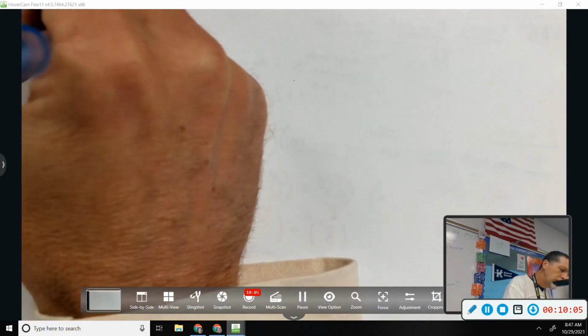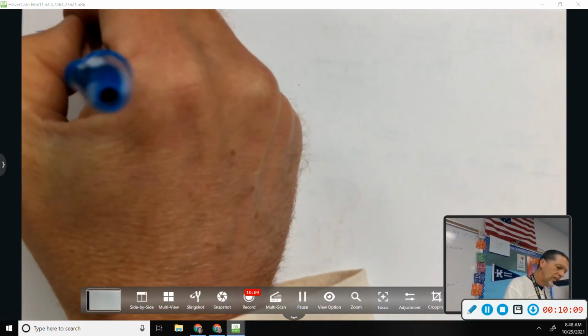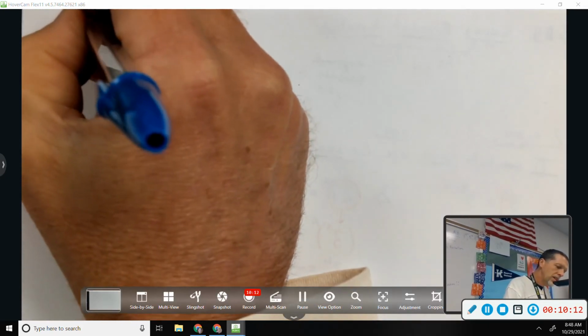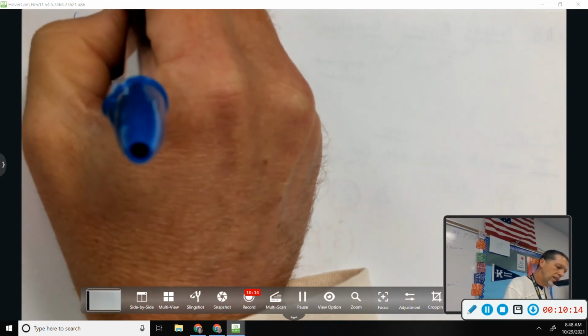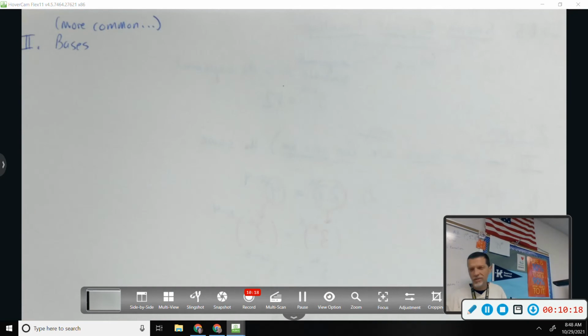Type 2. If the bases, and this is more common, as you might expect. That was kind of a special case that we were just looking at. Definitely rigged problems if the bases are the same, make it a little easier.